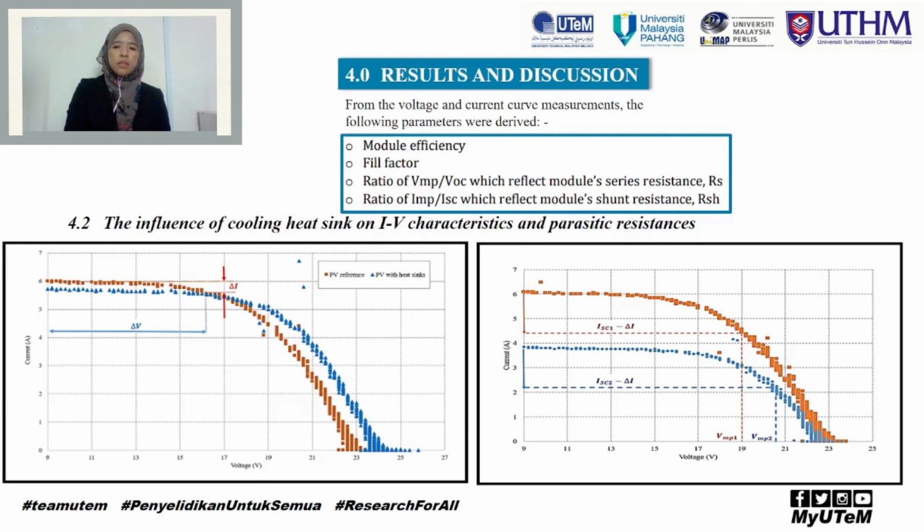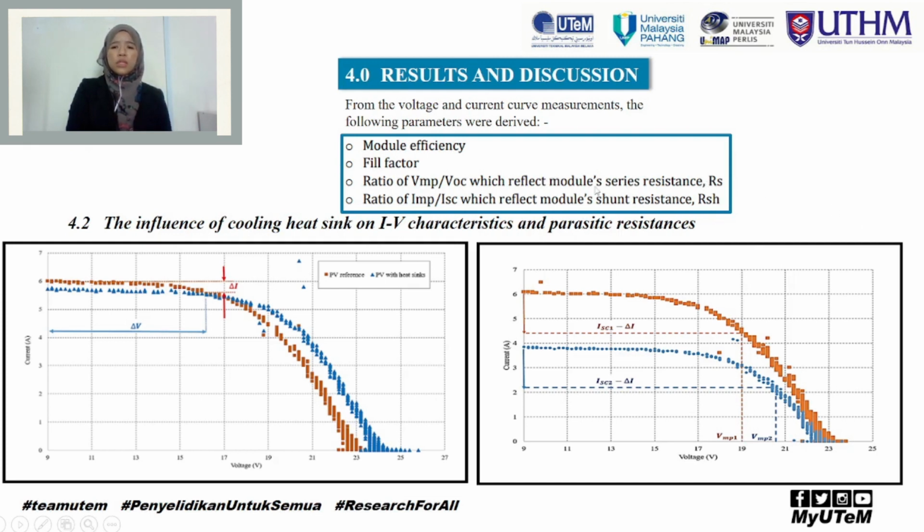So this is the important part of the results and discussion for this topic. From the measured IV curve, the following parameters were derived: the module efficiency, fill factor, and the shunt and series resistance.